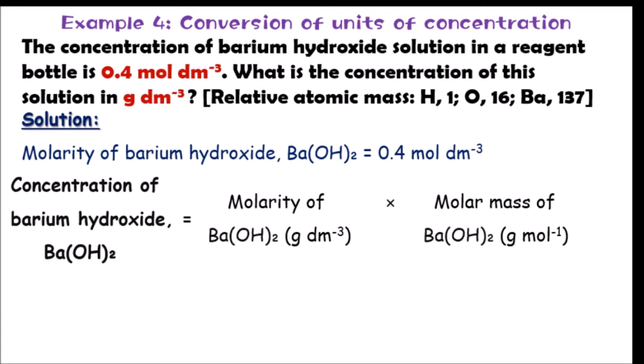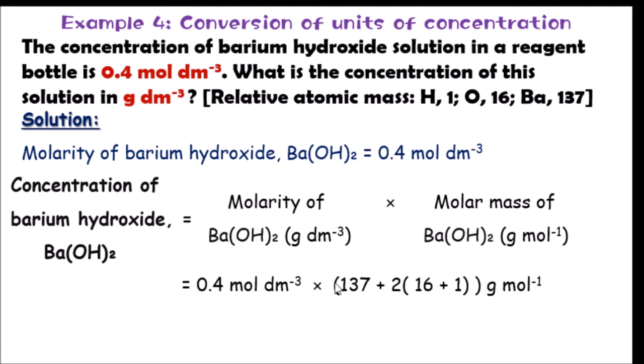So try to calculate it. Molarity of the barium hydroxide is 0.4. Molar mass is adding all the relative atomic mass together.